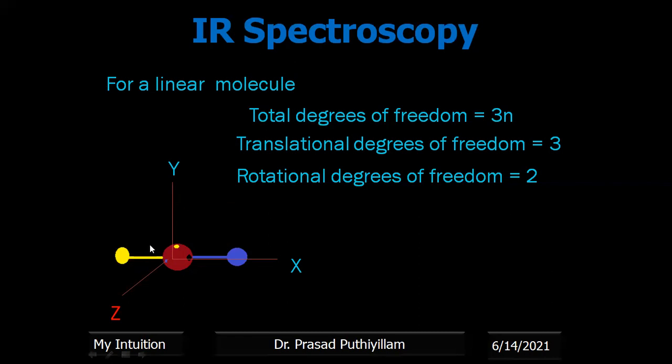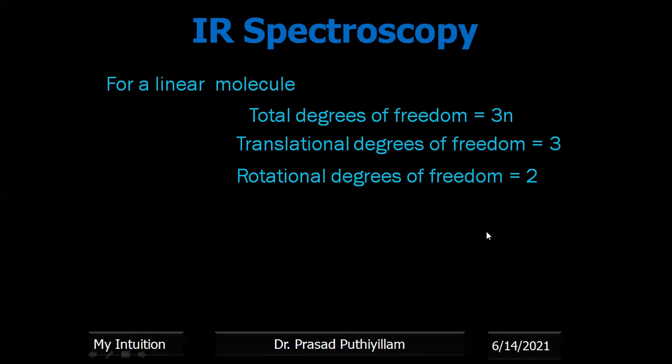That dipole moment change is possible only in y as well as z direction, and x direction is not possible, or it is possible in x and z direction, y direction is not possible, or it is possible in x and y direction, but z direction rotation will not give any dipole moment change. Therefore we can say that rotational degree of freedom is 2.